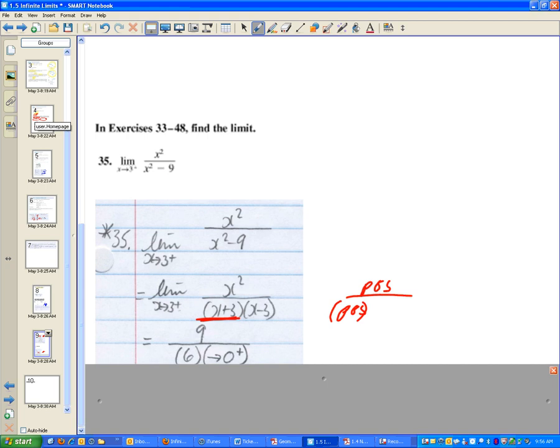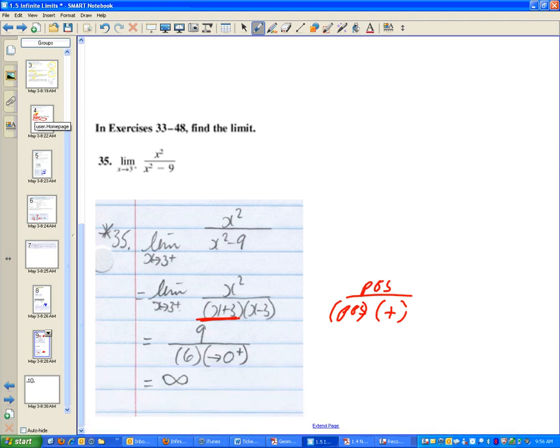Since it's approaching 3 from the right, that number's larger than 3. So a number larger than 3 minus 3 is a positive number. So it's approaching 0, but it's a positive number. So if everything in there is positive, I'd have a positive divided by something approaching 0 that is positive. So that means it's infinity, not negative infinity.